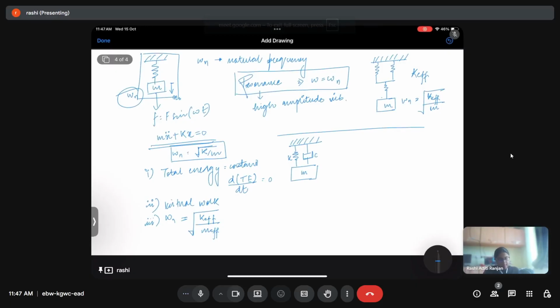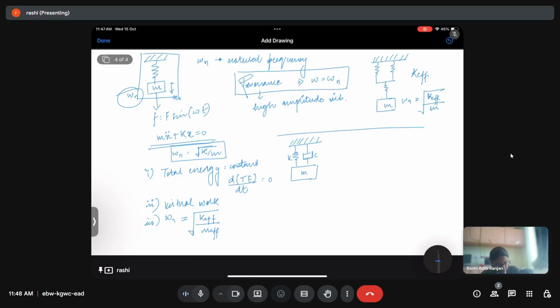So see, when we are talking about a damped system, first thing, if you are going to give it any kind of oscillation, it is going to damp out. Okay, if there is no forcing present in the system, the damping is going to what? It is going to take up whatever energy is imparted to the system in terms of the perturbation energy and make it equal to zero after some time.